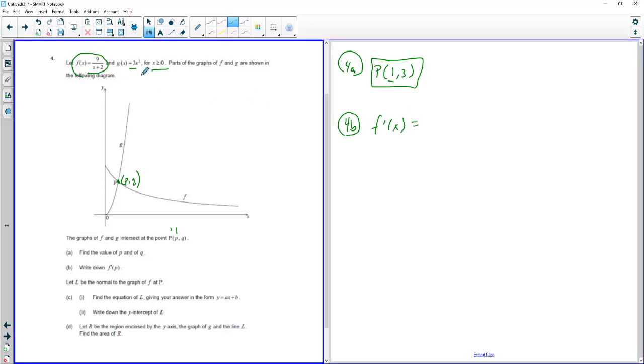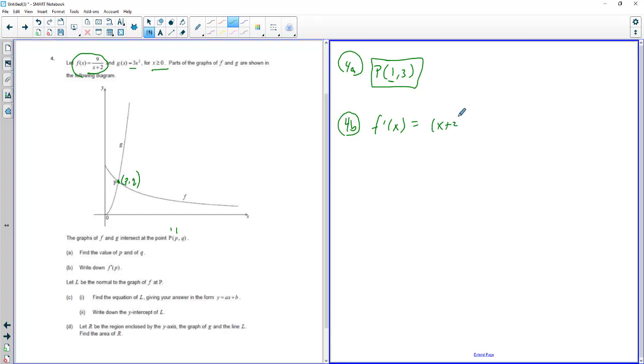f of x. So this is really a quotient rule, if you want to write it like that. So this is low d high, the derivative of 9 is 0, minus high, which is 9, d low, which is 1, all over low, which is x plus 2 all squared. So this is really negative 9 over x plus 2 all squared.